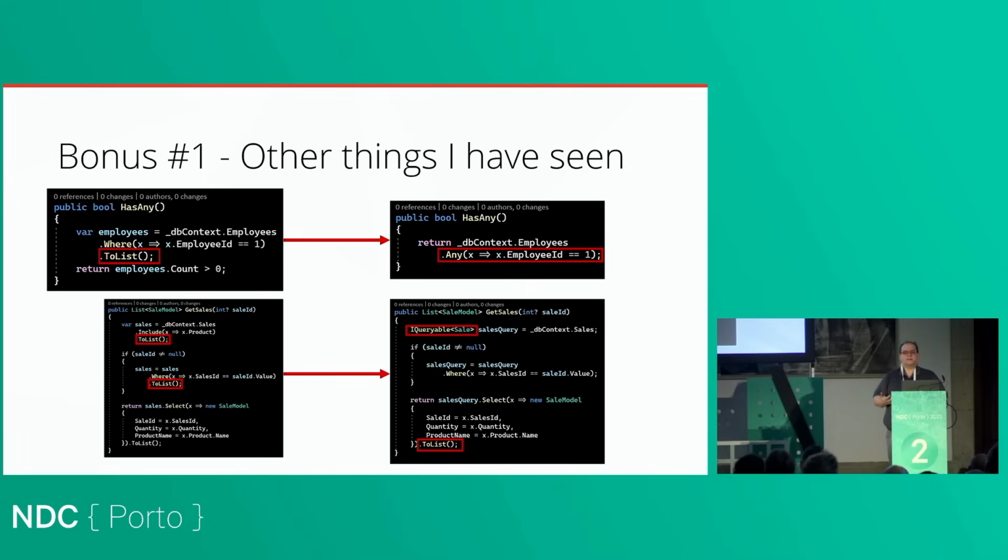Another benefit is if this where clause happens to have, let's say, x.salesperson.name equals this name, right? If this is in the where clause, it will implicitly join the salesperson table.